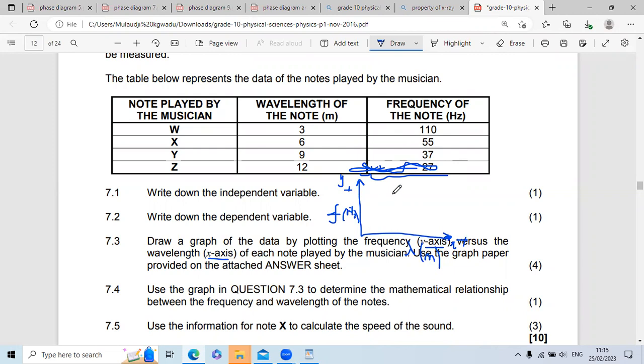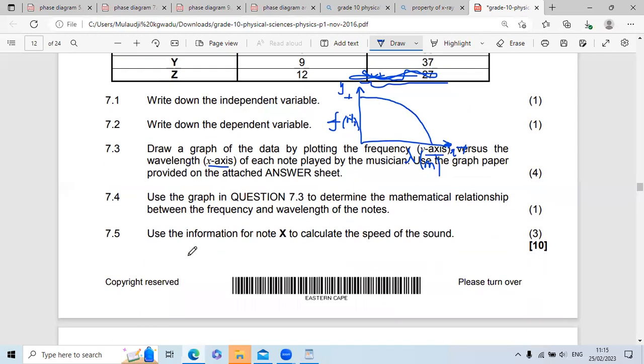Those are all the things you have to do before you start putting in your points. So 3, 6, 9, 12. As you can see, the frequency decreases as the wavelength increases, so it's going to look something along these lines. And this is the graph that you draw for 7.3.